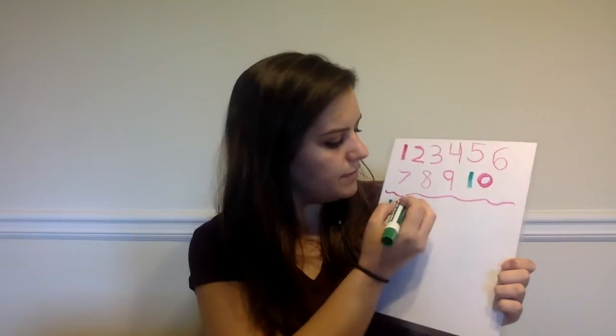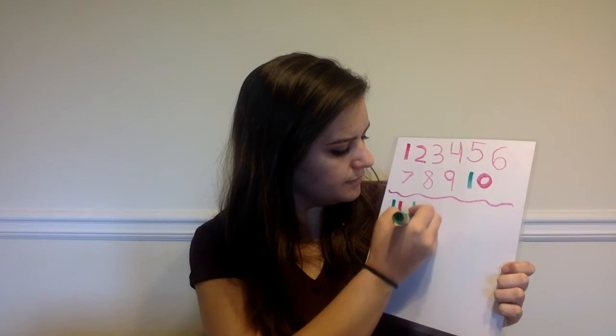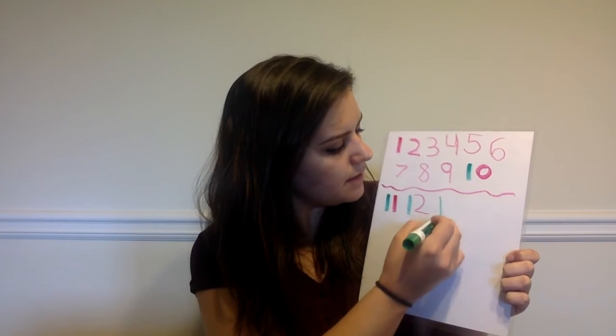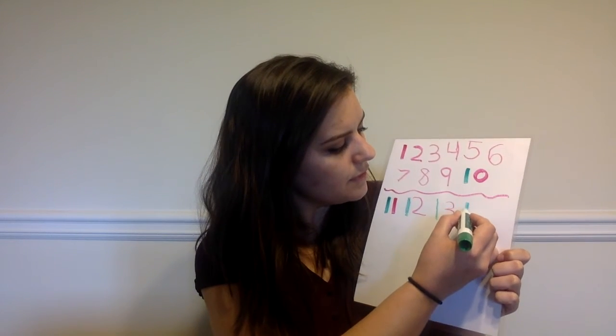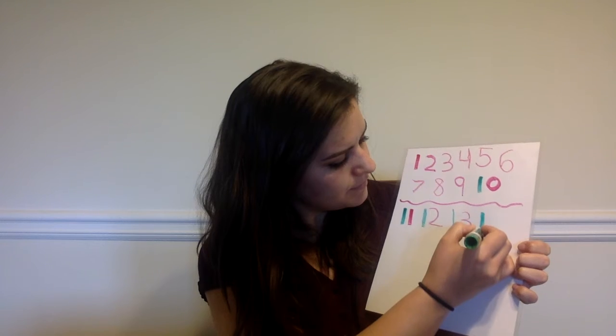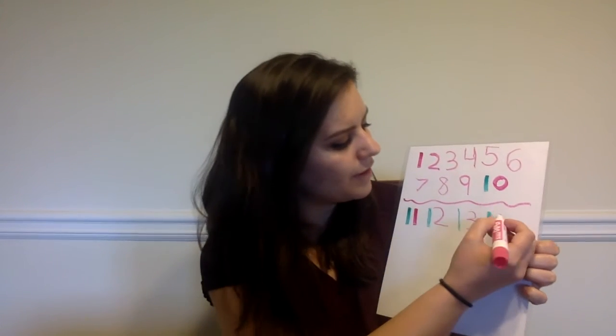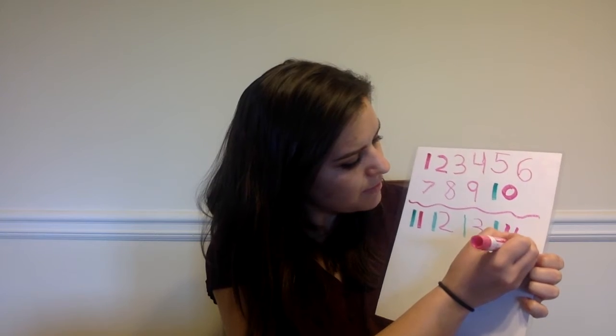So we see the number 11 is a group of 10 and 1 extra 1. Then when we move on to 12, we see that it's a group of 10 and 2 extra ones. We get to 13, where it's a group of 10 and 3 extra ones. We move on to 14, a group of 10 and 4 extra ones.